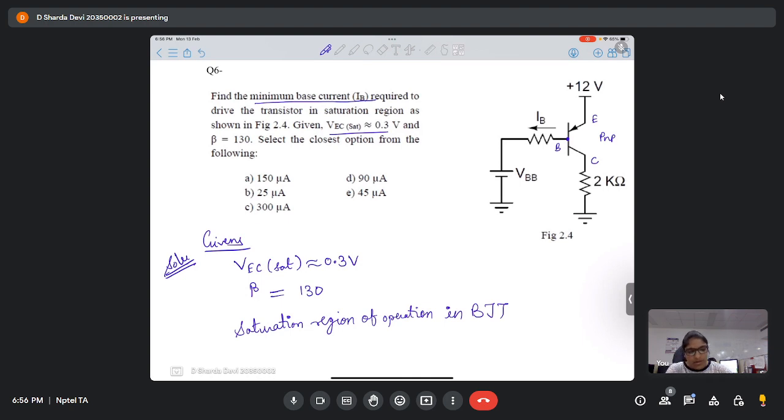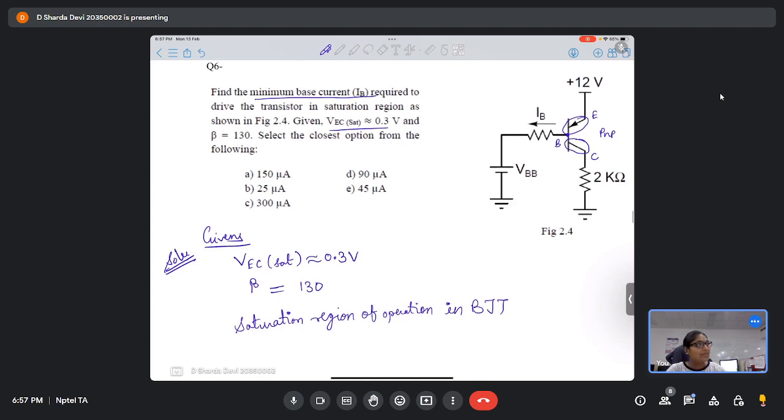No, I'm talking about it in voltage terms. Or talking about the two junctions, how will the two junctions be? We have two junctions, base collector and base emitter. Will they be forward biased, reverse biased, or no bias? What will be the situation?